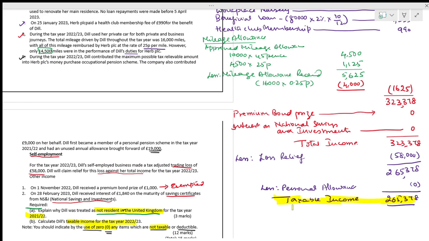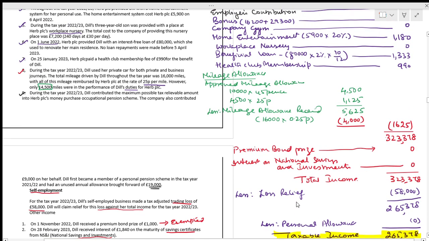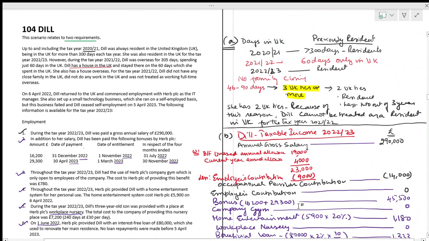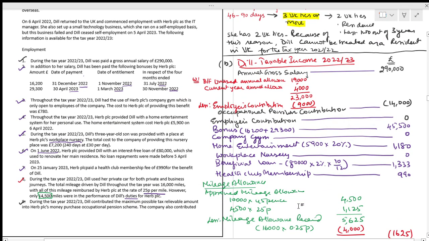Are you clear about this? Means first we have dealt with the citizen resident of UK, and then we have calculated taxable income. Very clearly, make it a point. It is a little bit sensitive, okay? This calculation is very specific.